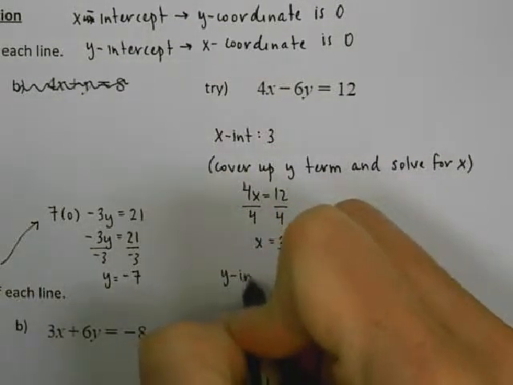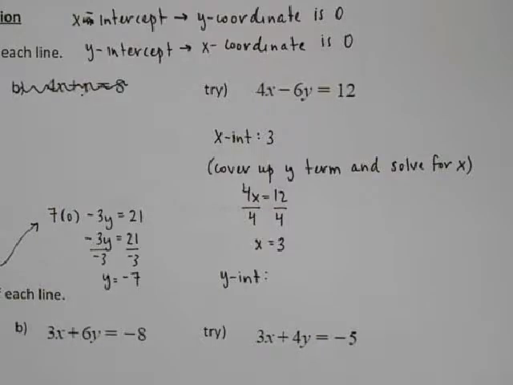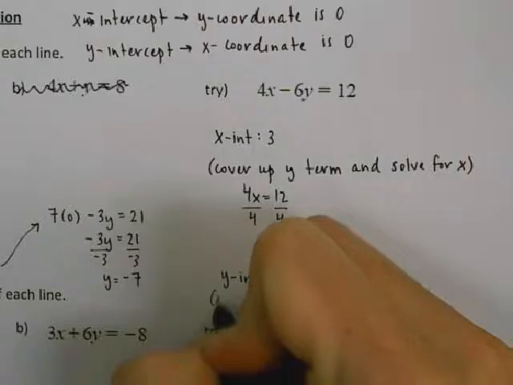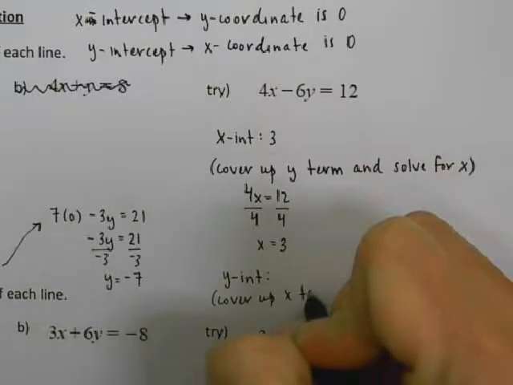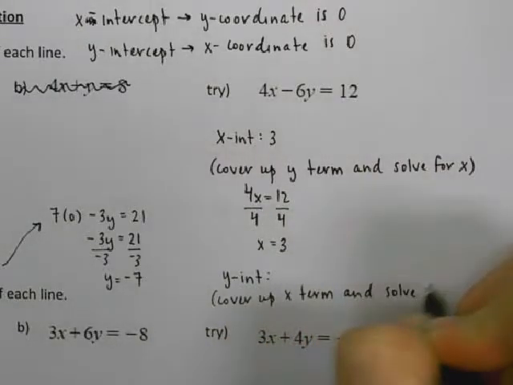Now if I want to find my y-intercept, all right, sorry about that. I had to pause it for a second. Okay, now to find our y-intercept, we are going to cover up the x term and solve for y.